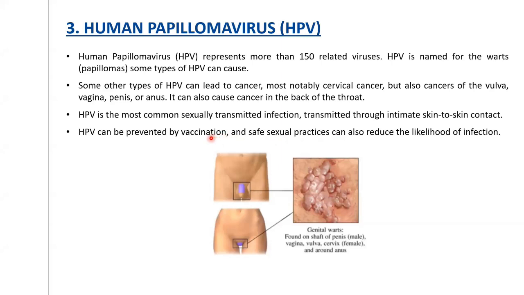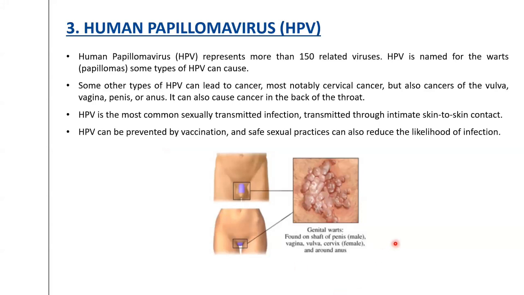It is much better to be vaccinated against the disease than to treat it, because prevention is much easier than the treatment. So safe sexual practices and vaccination are the only possible option to avoid this kind of major inconvenience.